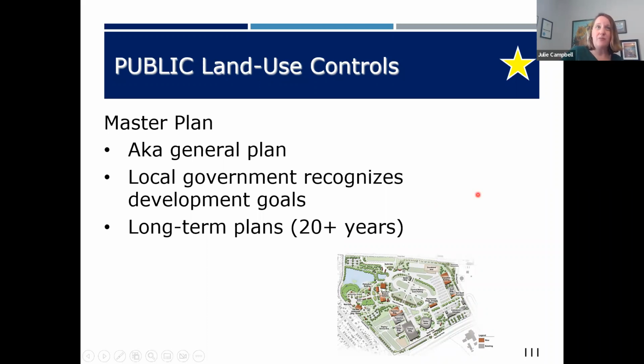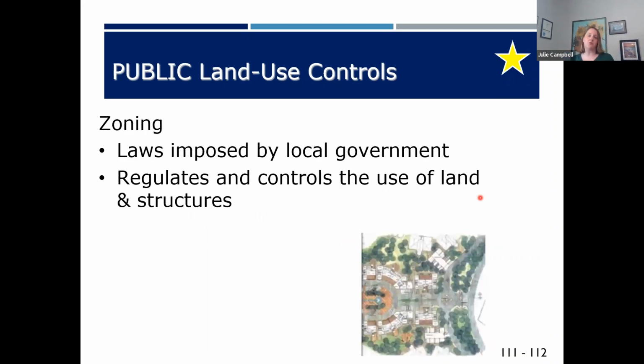As I said, probably the best example of a public land use control we have is zoning. That's a big chunk of this section. I probably won't get through zoning today, so wherever we end today is where we'll pick back up on Tuesday.